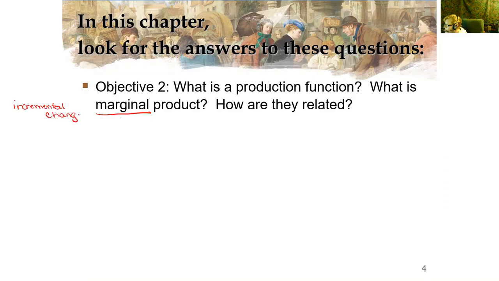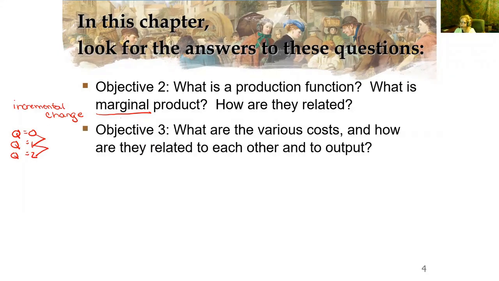So we're very interested in this particular chapter, how do costs change as I move from a quantity of nothing to a quantity of 1 to a quantity of 2, and how do my costs change in between these? So that's where we get this idea of marginality. The third objective, we're going to look at some various types of cost, and this is where we kind of rely on our accounting backgrounds, and we're going to look at classification of cost.